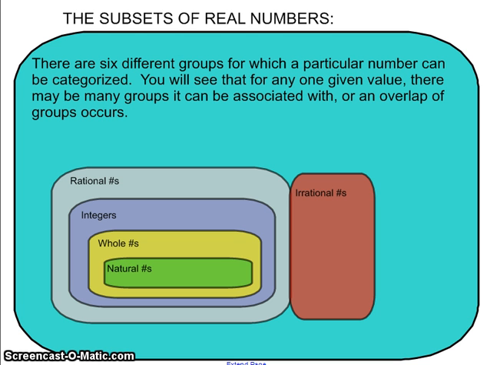Venn diagram. And the natural numbers, we call them natural because it's what's natural for you to learn first. So if you think back to your younger years, the very first numbers that you probably learned started with 1, 2, 3, and worked on up.